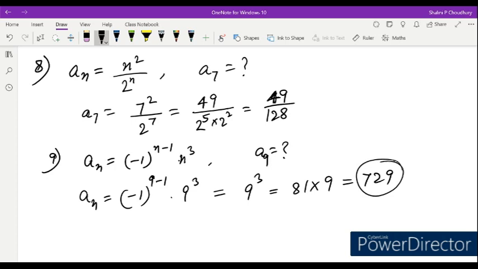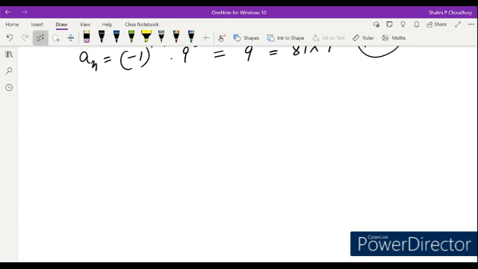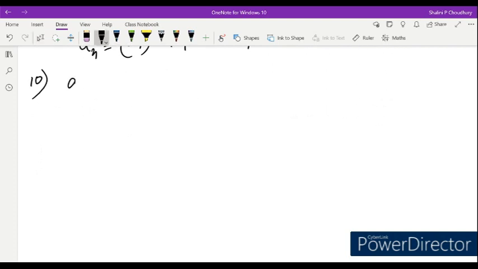Okay, now the next question is question number 10. An, the nth term, is given as n into n minus 2 upon n plus 3. We have to find out the value of a20.